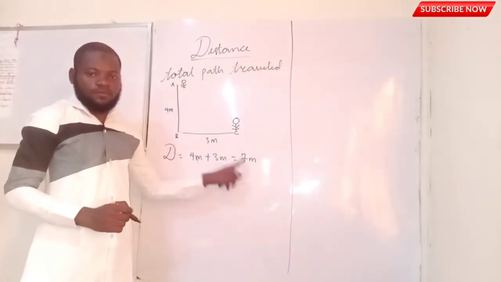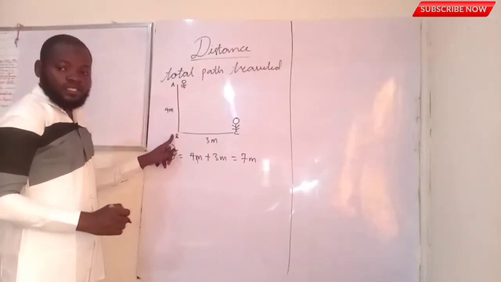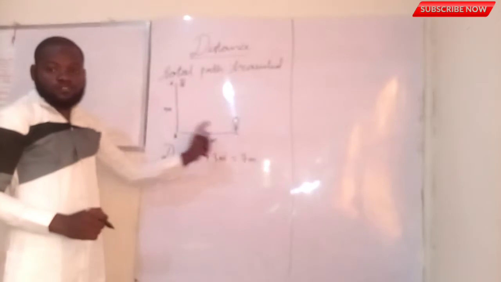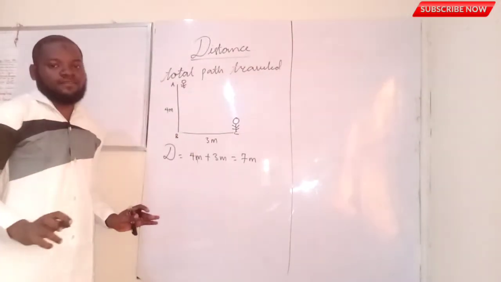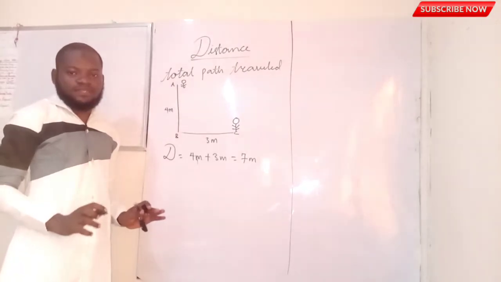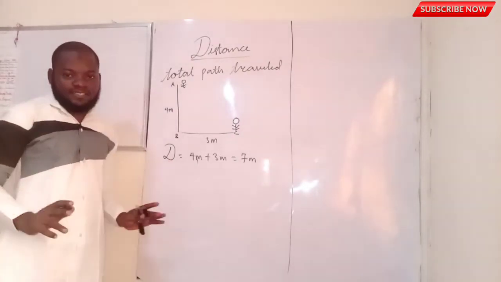Do we get this now? The body traveled through this point and traveled through this point. So the total path traveled is 4 meters plus 3 meters. Do we understand this now? So that is what we call distance.